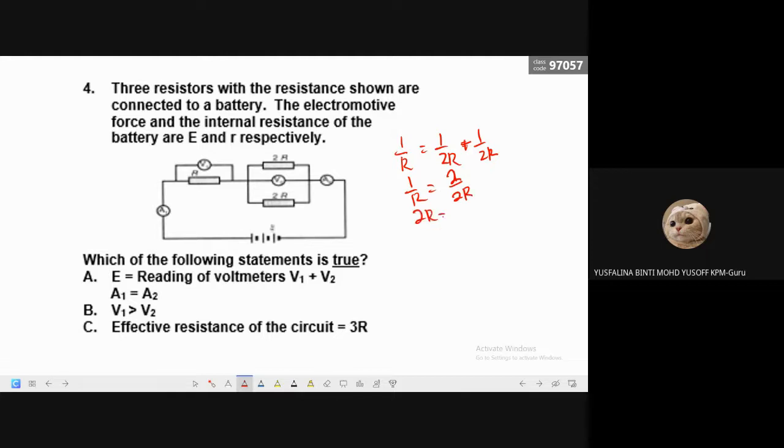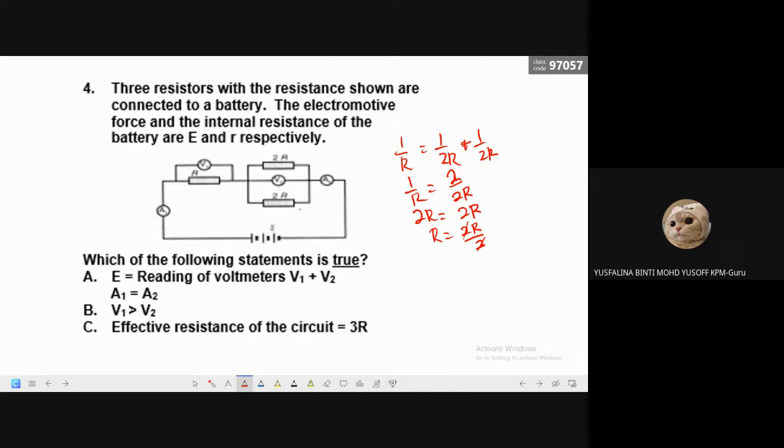So 2R equals 2R. So R equals 2R/2. Sorry, yes, you can cut it off. So it's the same, right? 2/2R. The resistance is the same because they are in parallel. So your R is the same. So V1 equals V2. And A1 equals A2.